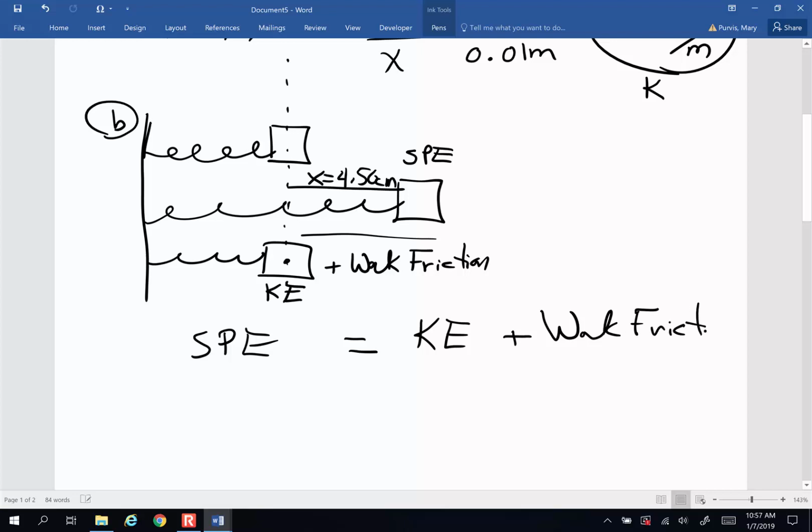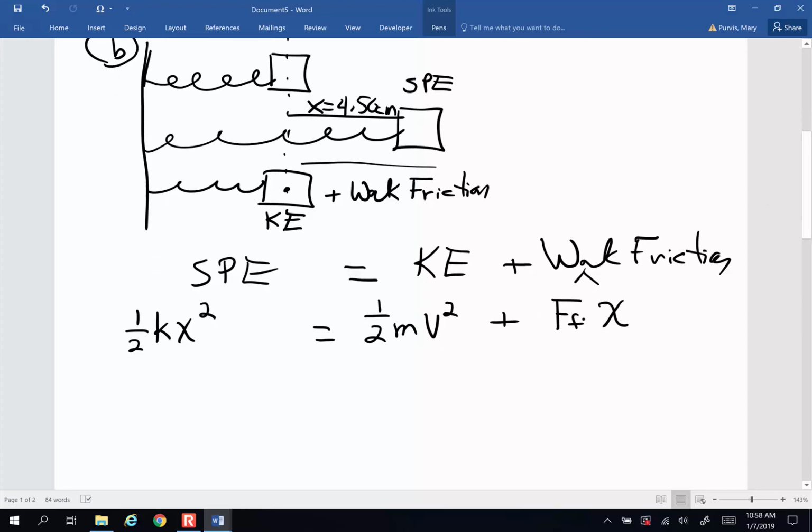Now my spring potential energy equation is 1/2 kx squared. Kinetic energy is 1/2 mass velocity squared, and work is the force you're working against, which is friction force, times the displacement x, and it's the same x here and there.